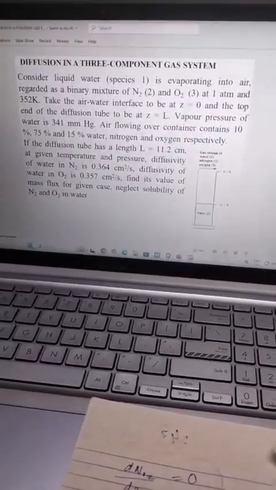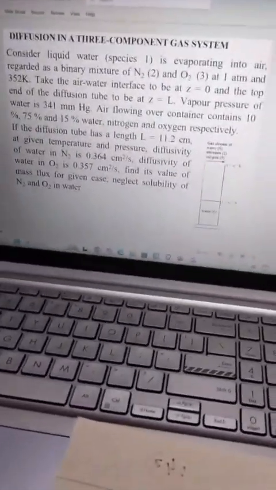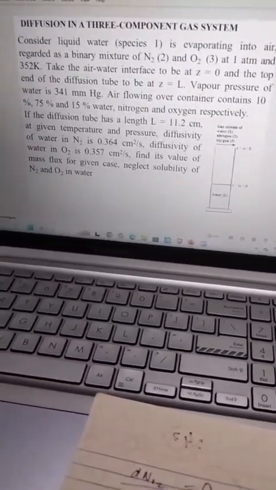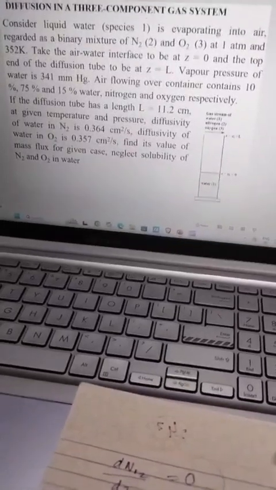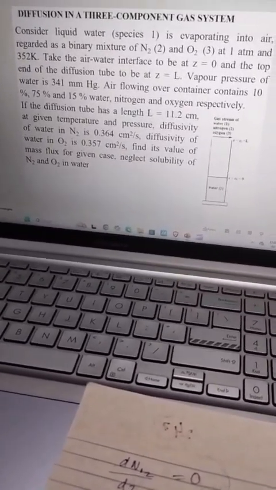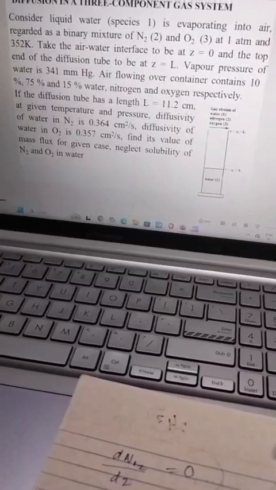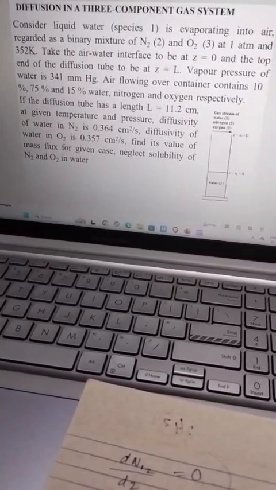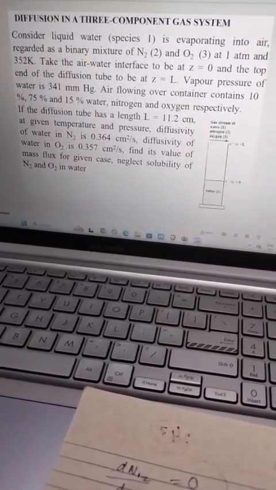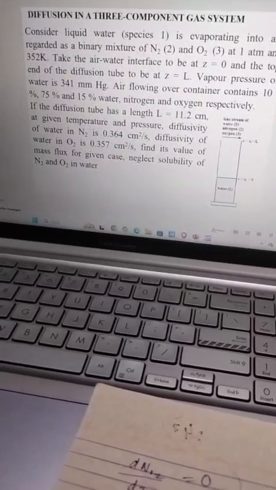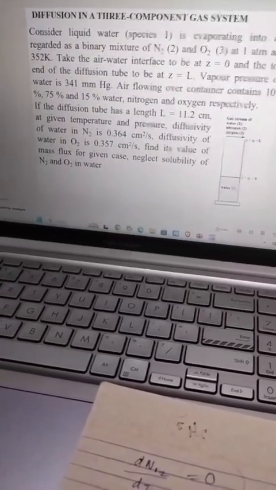Now let us solve a question. It is similar to the last question we solved. The question is: consider liquid water, species 1, evaporating into air regarded as a binary mixture of N2 and O2 at 1 atm and 352 Kelvin. Take the air-water interface to be at Z is equal to 0 and the top end of the diffusion tube to be at Z is equal to L. Vapor pressure of water is 341 mmHg. Air flowing over the container contains 10%, 75% and 15% water, nitrogen and oxygen respectively.